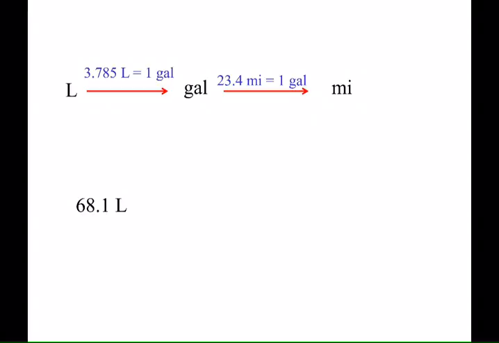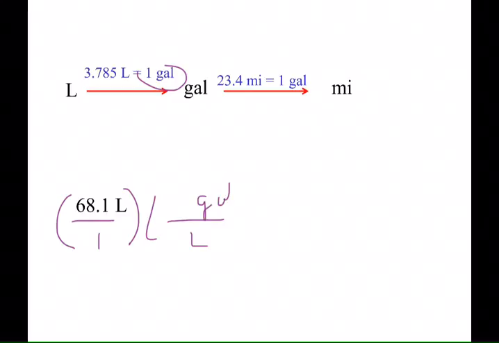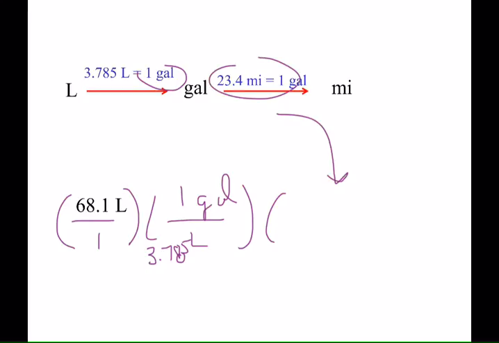Now we want liters to cancel and we want to be left with gallons. So I usually put my units down there and then bring down my numbers. I try to make sure I bring down the right numbers. 785, okay.